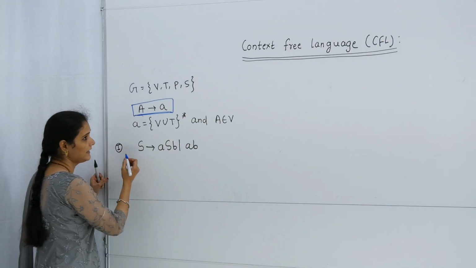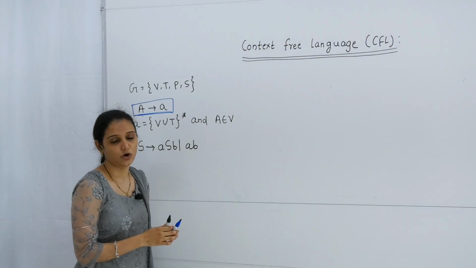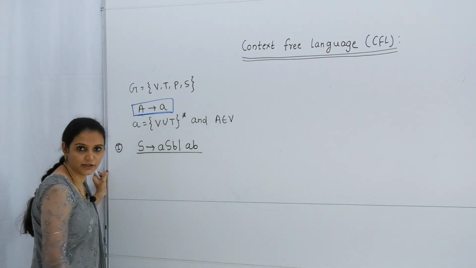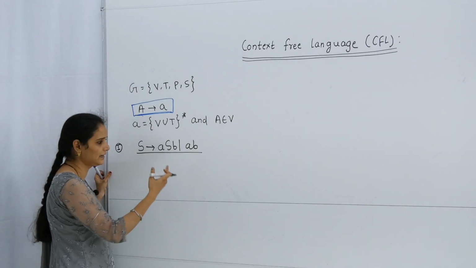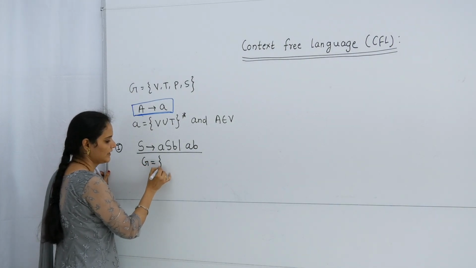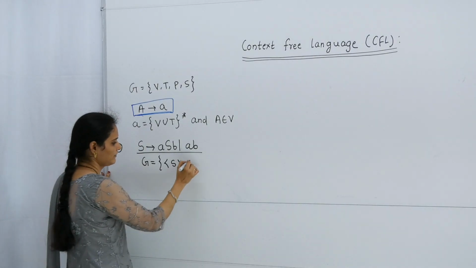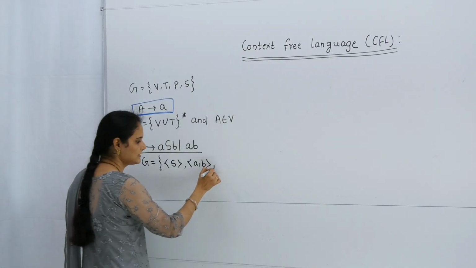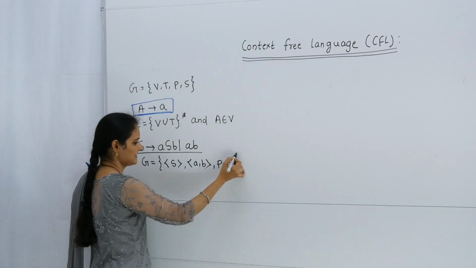Then students, here we will see how the context free language examples are there on a particular grammar. Here the production rule is given, and from it we can understand how the grammar looks. Suppose the grammar is like this: S is the only non-terminal, A and B are the terminals, two production rules are given, and S is the starting symbol.